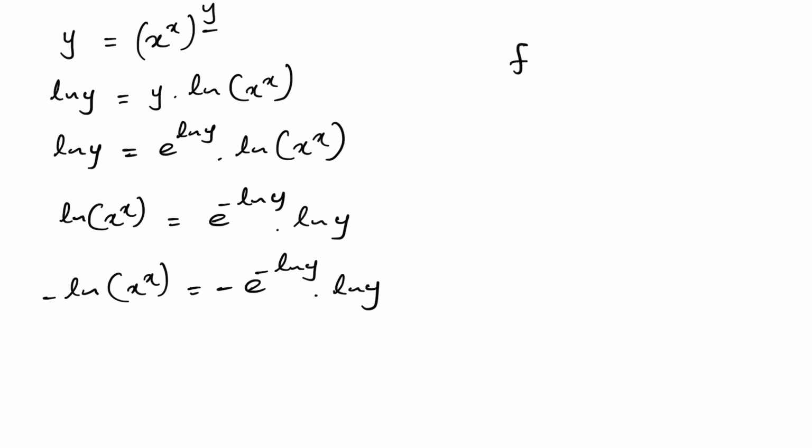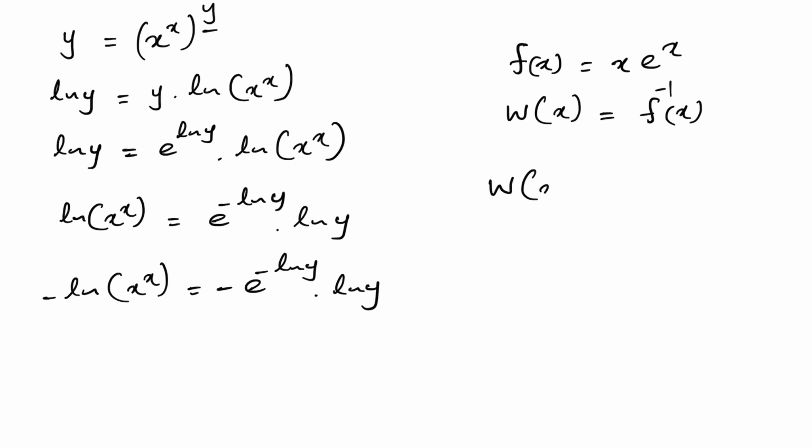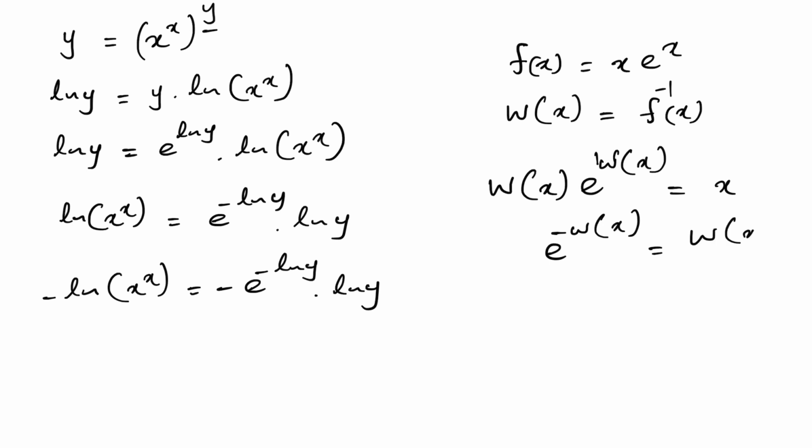Now if we have f of x is equal to x e to the x, then W of x is equal to the inverse of f of x. Also we have the Lambert W function, W of x times e to the W of x is equal to x. Then we can write e to the minus W of x is equal to W of x over x.